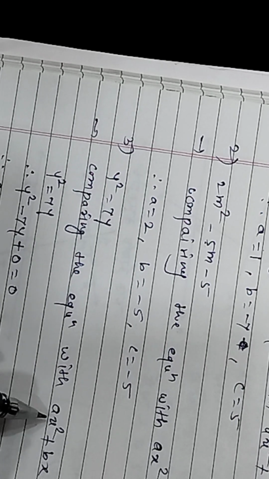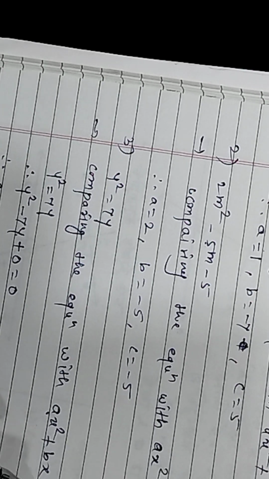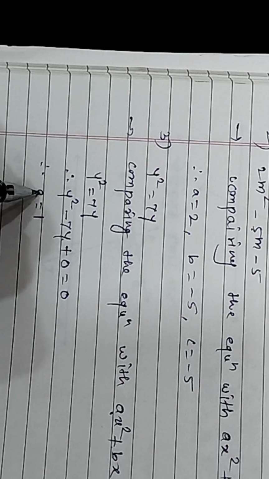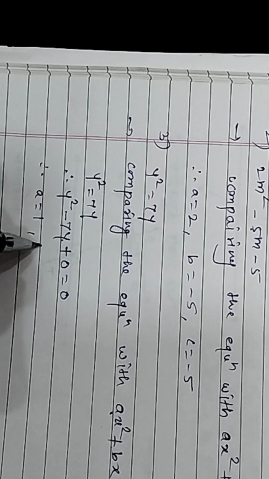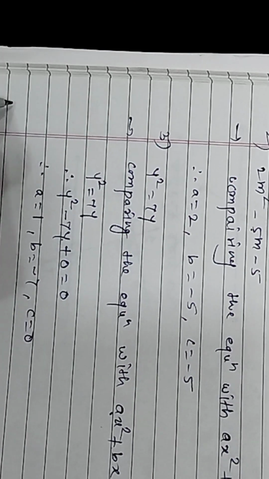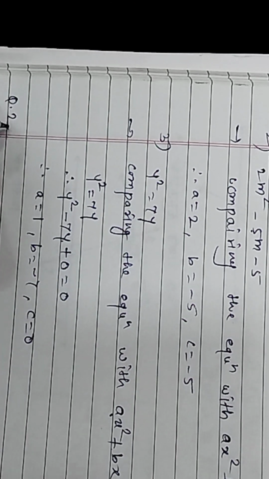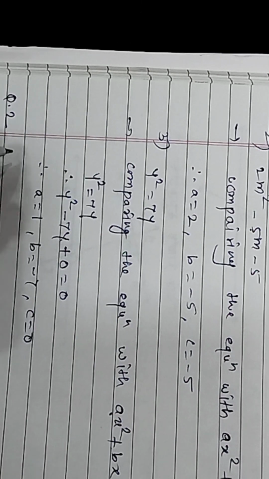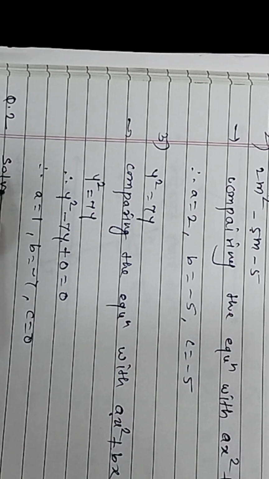We can also write this equation as y square minus 7y plus 0 is equal to 0. Therefore here we write a is equal to 1, b is equal to minus 7, and c is equal to 0. Then after that we solve question number 2.